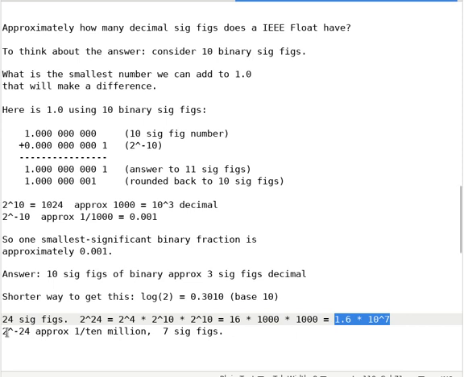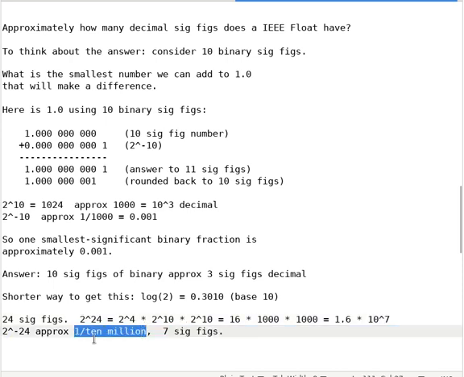So 2 to the minus 24th is a little bit less than 1 over 10 million, which means we're working with about 7 significant figures, and the number you usually see is something like 7.2. So that's how many significant figures of precision we have.